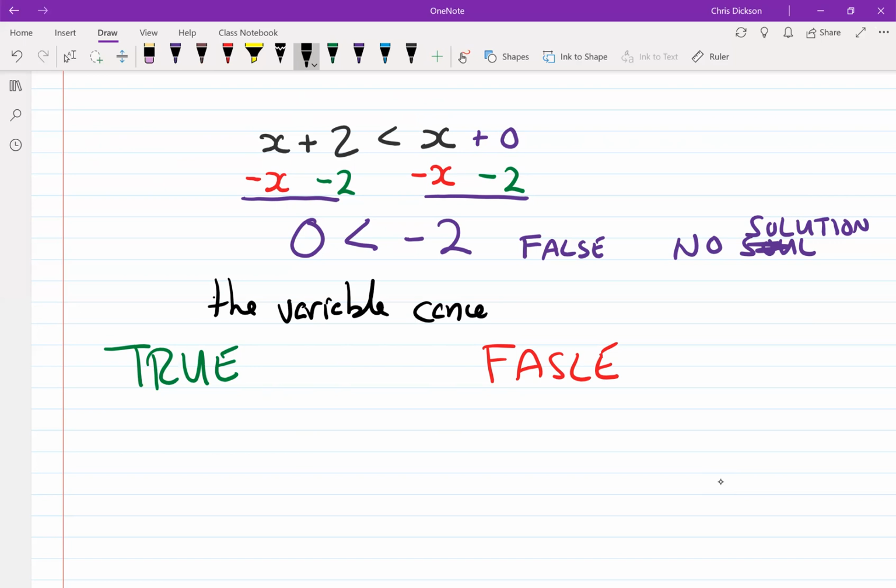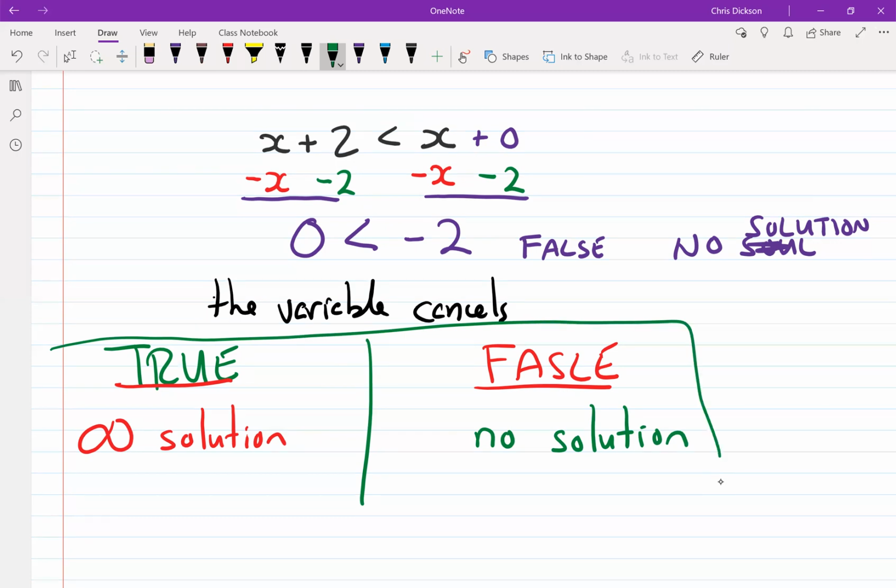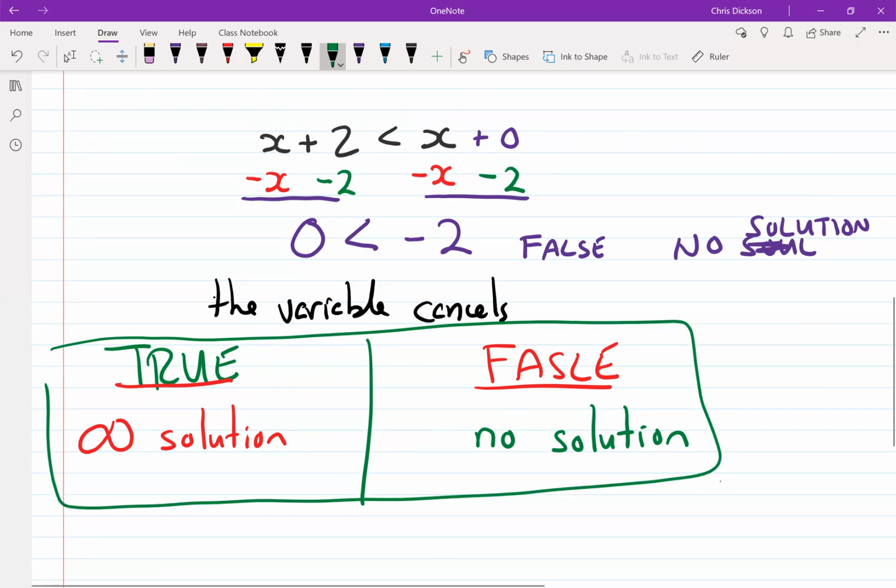If the variable cancels and you get a true statement, then we say there are infinite solutions. And if you get a false statement, we say there are no solutions. Okay, so true statements, infinite solutions, false statements, no solutions.